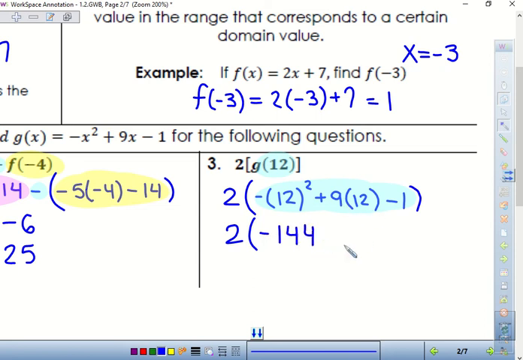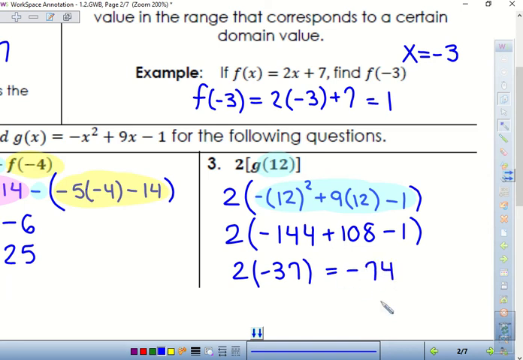What's 9 times 12? 108. Minus 1. So that's 2 times. I'm just going to do it in the calculator. 144 plus 108 minus 1 is negative 37. Times 2 is negative 74.